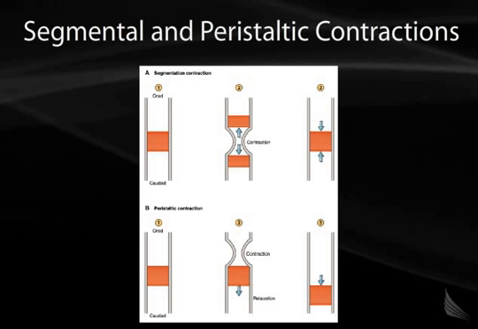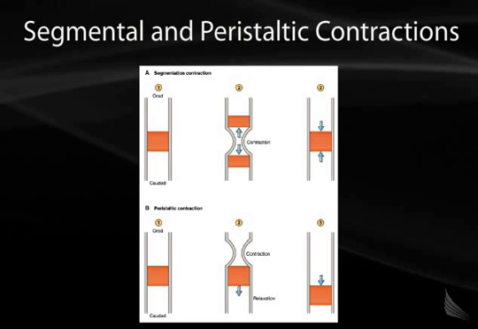This diagram is looking at an overview of segmental and peristaltic movements. The top three figures show segmental contraction, where food is moving forward, and as I described to you earlier, for a few short centimeters, contraction is taking place, mediated by motilin, and food is essentially mixed together in a small area of the gut, and then peristalsis can take over.